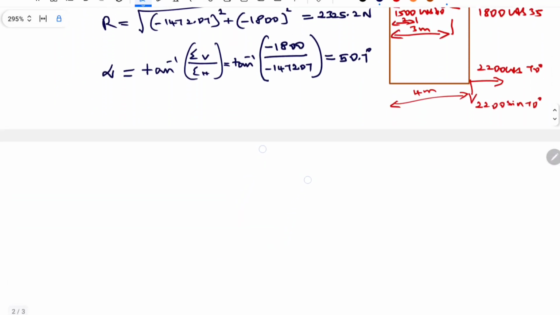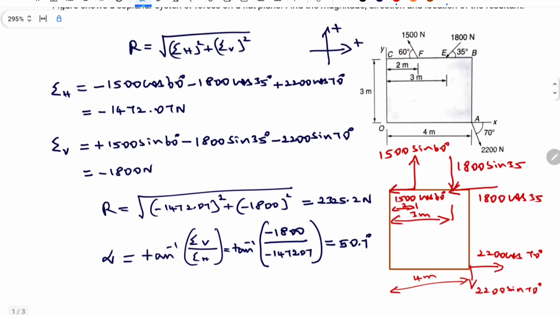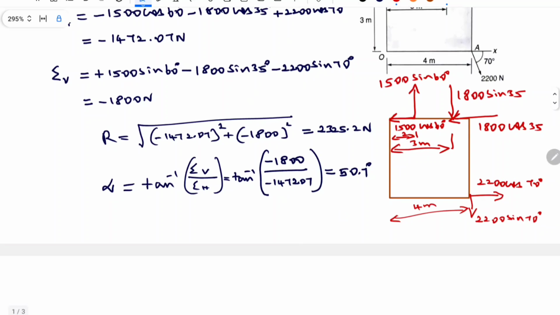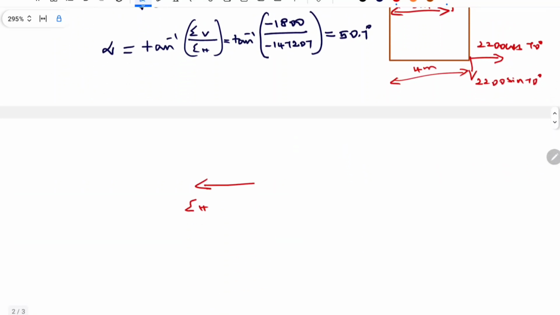Let us locate this first. Sigma H is acting in the negative direction, so I have considered the left side. Similarly, sigma V is also acting in the negative side. So this is going to be my sigma V. Now, this is my resultant R and this is my alpha.